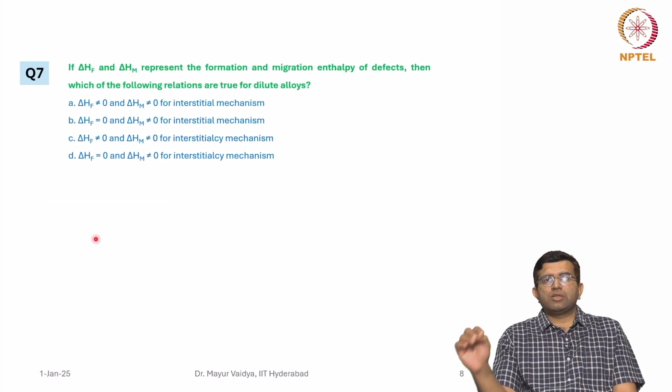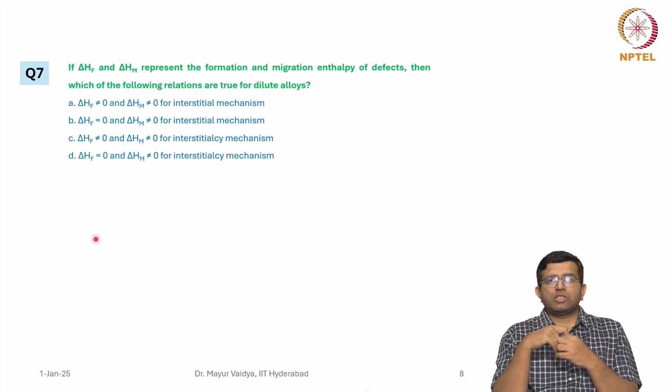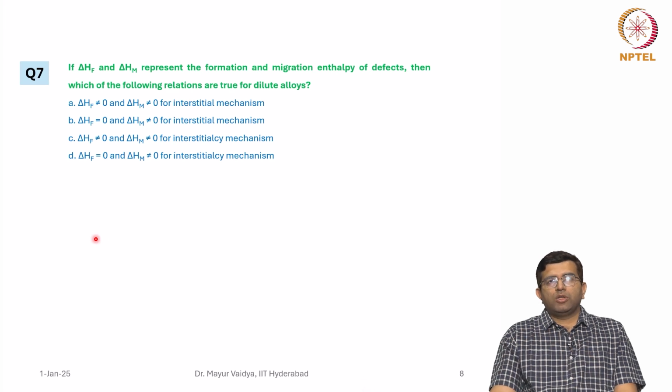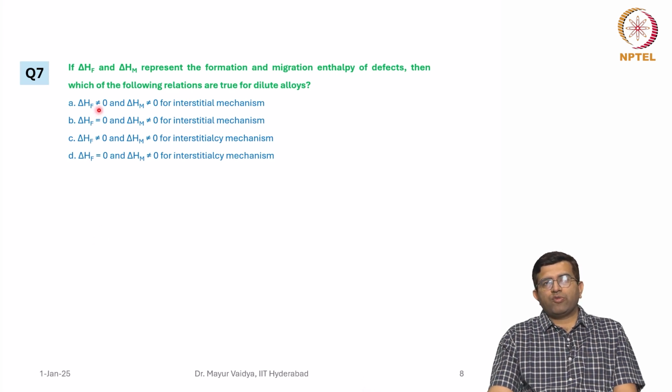So, the next is: if delta HF and delta HM represent the formation and migration enthalpy of defects, then which of the following relations are true for dilute alloys. The first is delta HF not equal to 0 and delta HM not equal to 0 for interstitial mechanism.